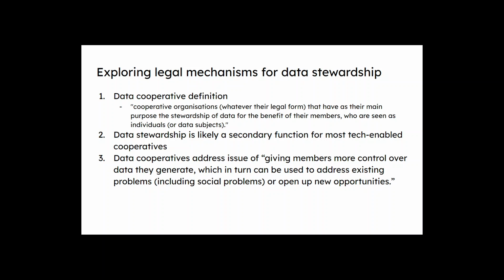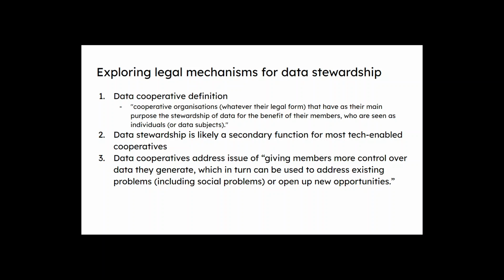An example could be, let's say, social.coop. It's a cooperative which runs a Mastodon instance, which is pretty cool. They are dealing with member data, some of which could be considered personal data. But their primary goal isn't to steward member data from social networks.